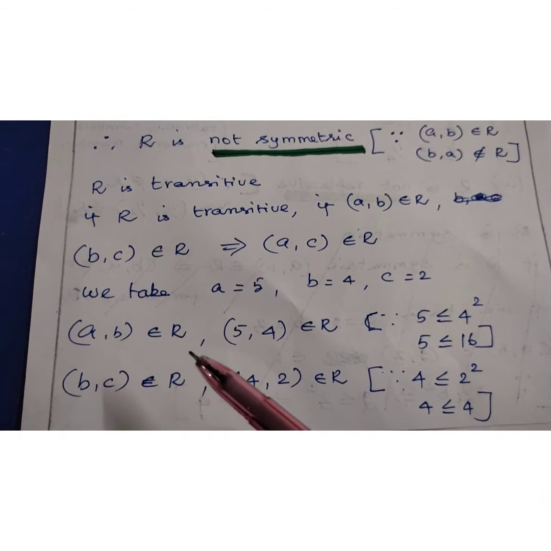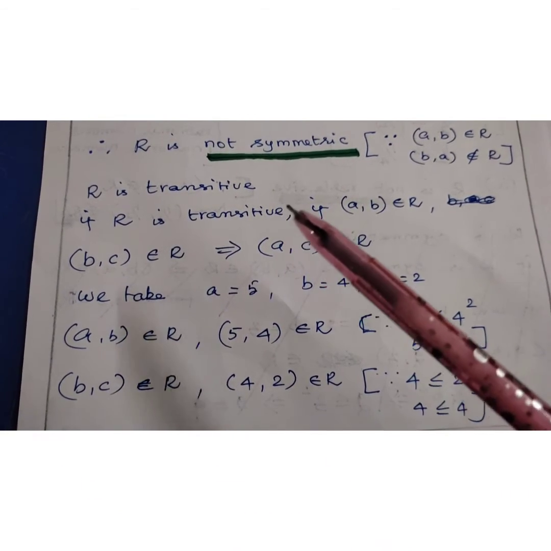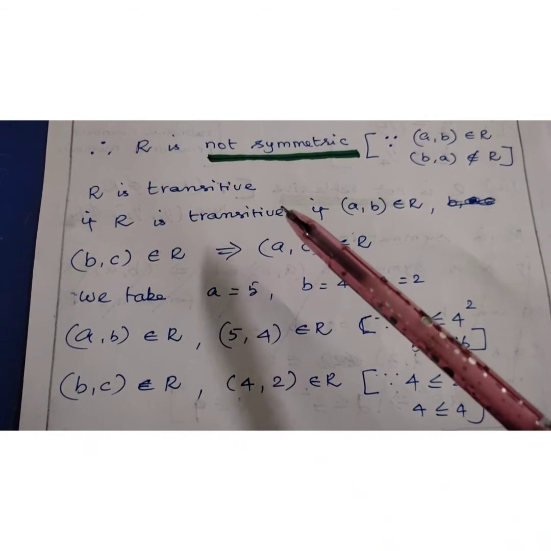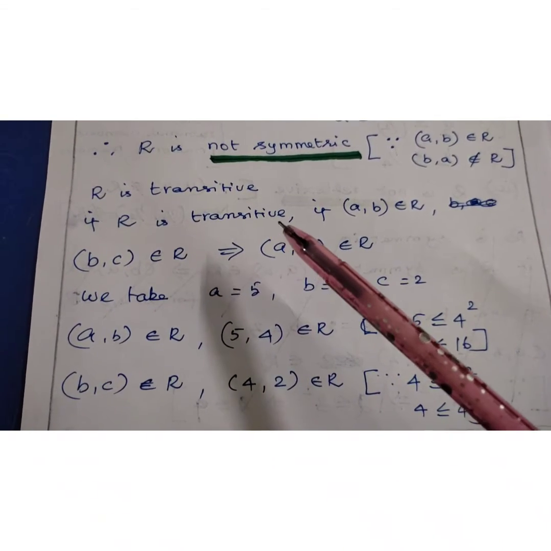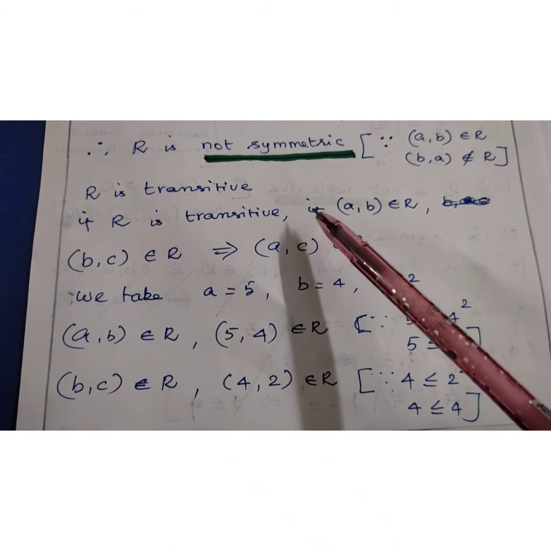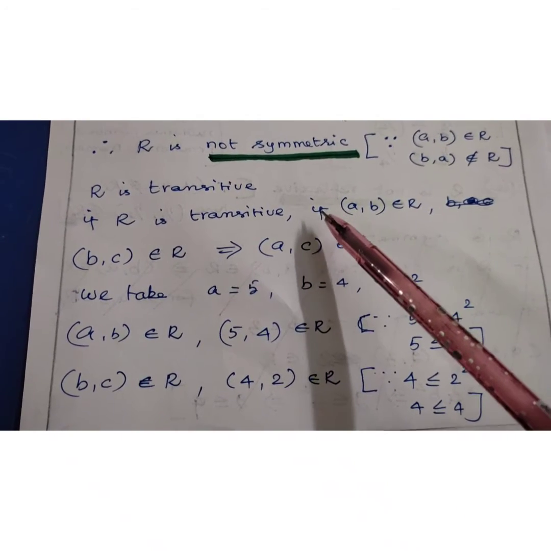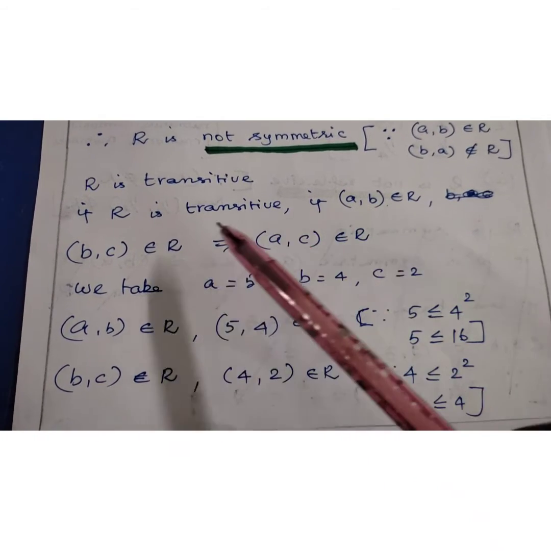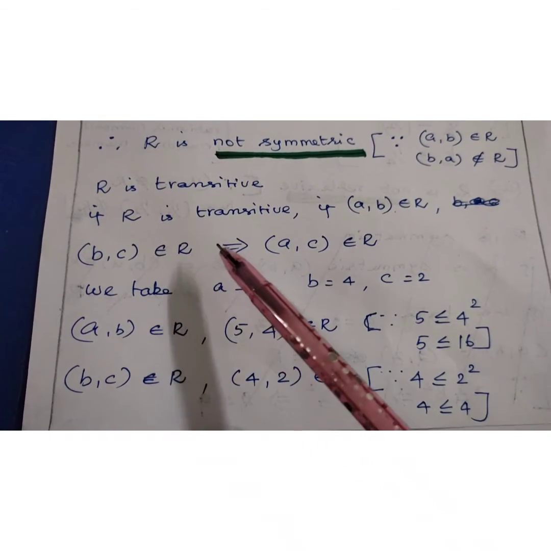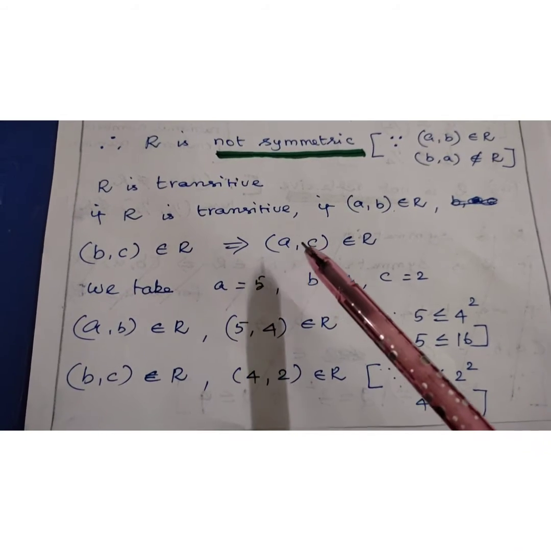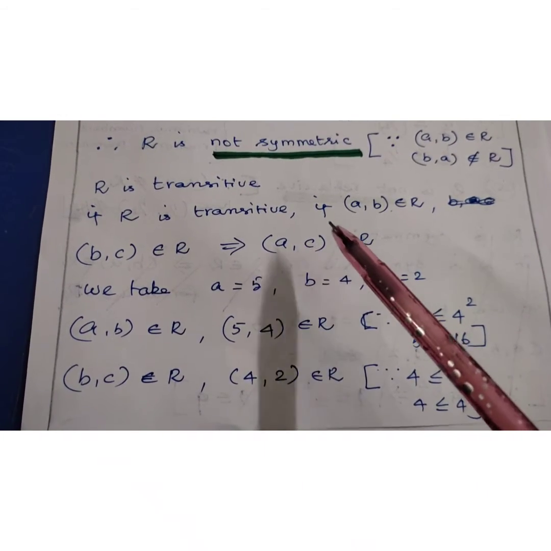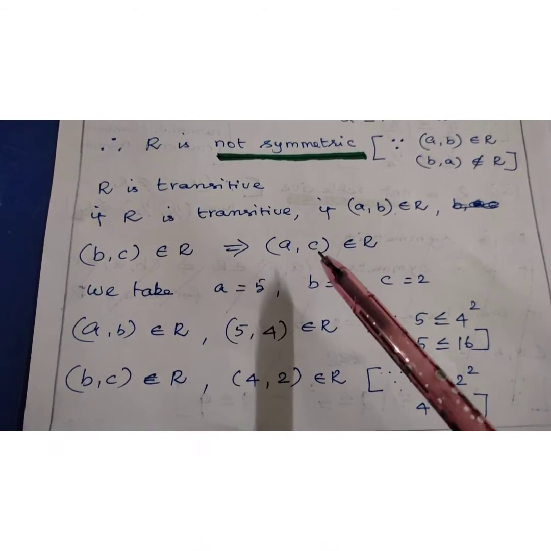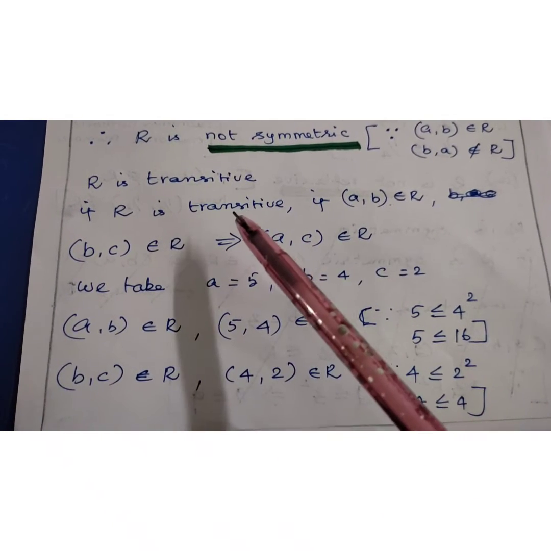Now we have to prove that R is not transitive. What does that mean? If (A, B) belongs to R and (B, C) belongs to R, that implies (A, C) belongs to R, then R is transitive. If (A, C) does not belong to R, then R is not transitive.